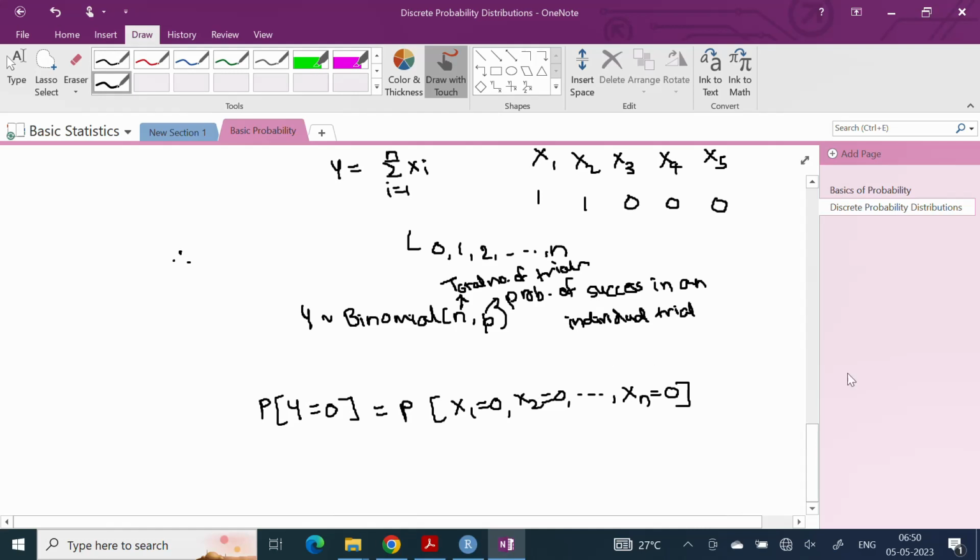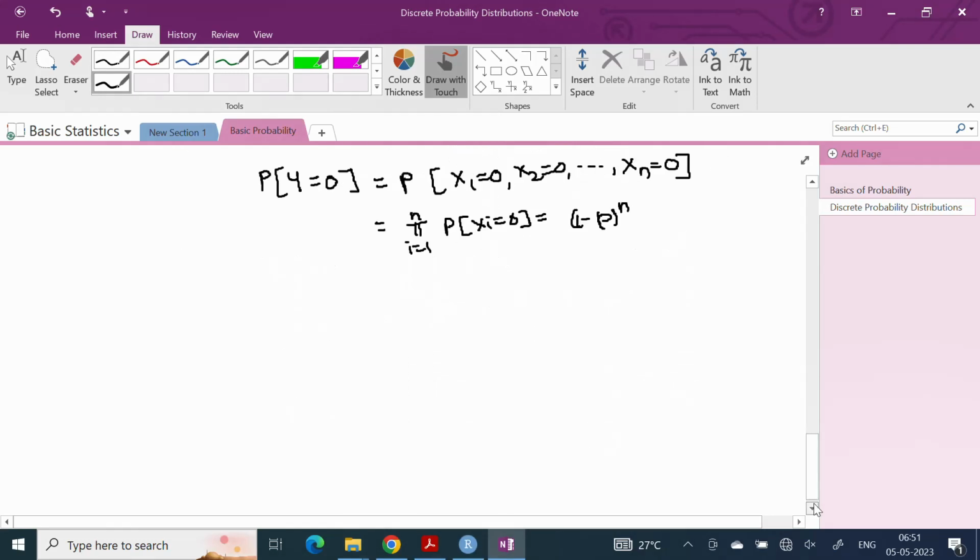We wrote in the beginning that these xi's are identically distributed and independent of each other. So it would simply be the product over i going from 1 to n of the probability of each xi being 0, and the probability of each xi being 0 is 1 minus p. So the probability of y being 0 is (1 minus p) raised to n.